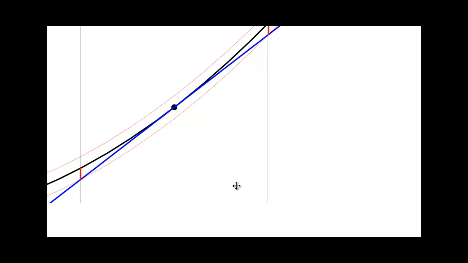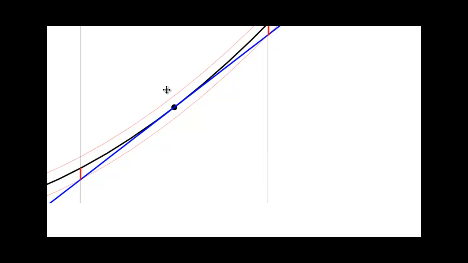So this is a zoom in of the function itself, the black curve, the tangent line, the blue curve, the red skinny curves, which are simply the function shifted up and down by the maximum allowable error, and the two little red lines represent the maximum allowable error.